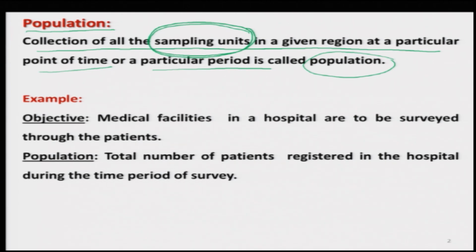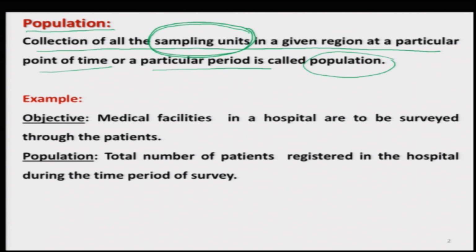This is the unit on which someone would like to collect the observation. And when I take all the units together from where we would like to choose a sample, then this collection of all the sampling units will be called the population.